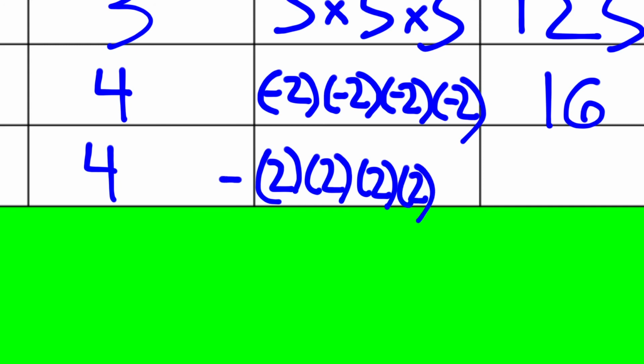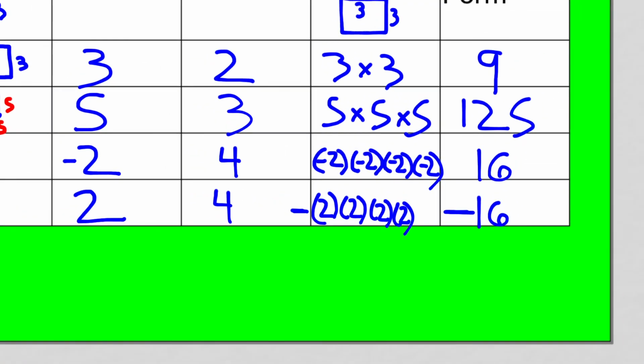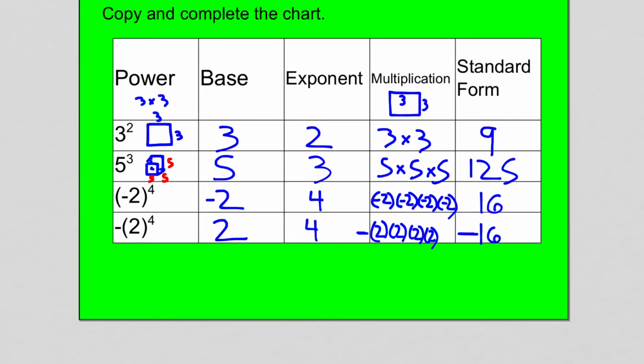But there is that negative sign that's still in front. 2 times 2 is 4. 2 times 2 is 4. That's 16. But there is still that negative sign in the front. And remember, whenever there's a negative sign in front of an integer, it applies to that integer. So the answer there is negative 16.